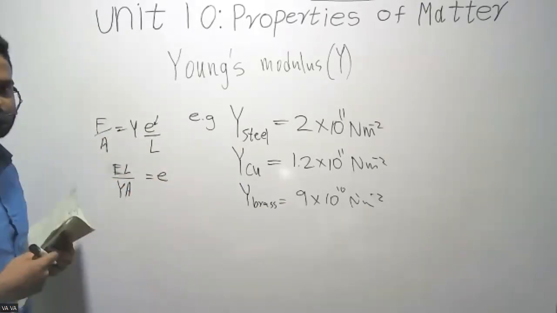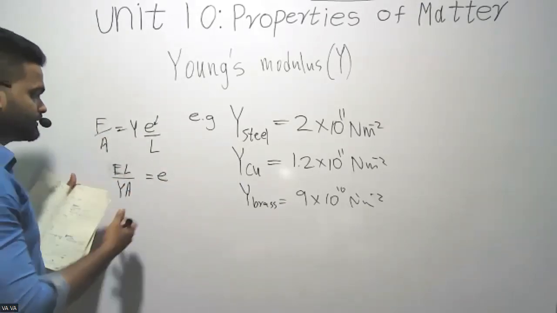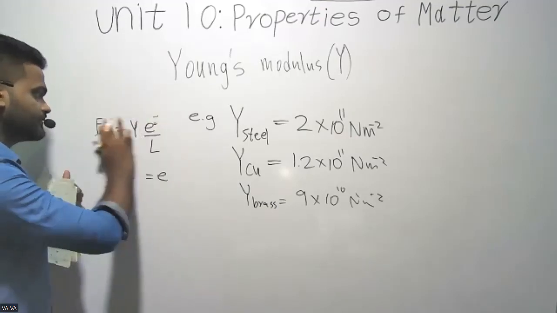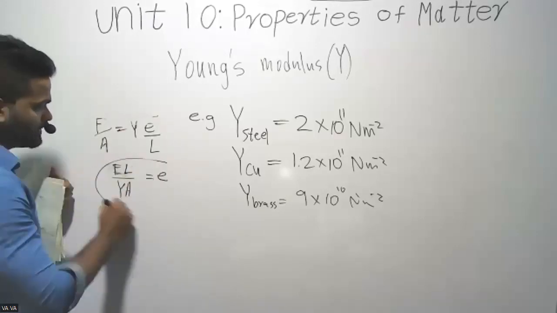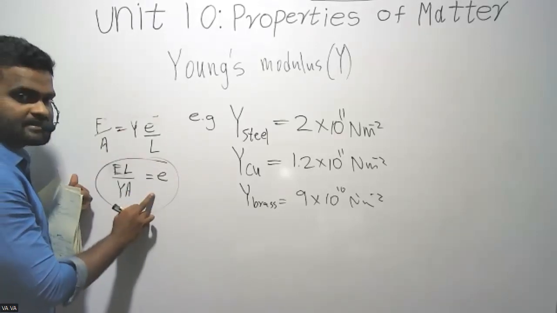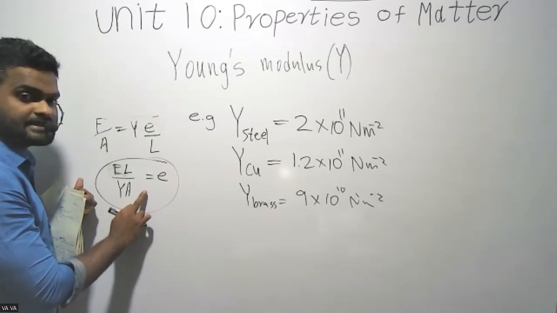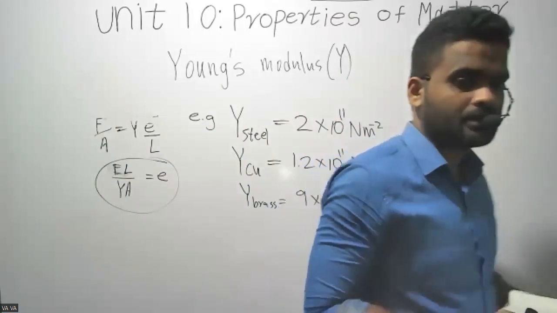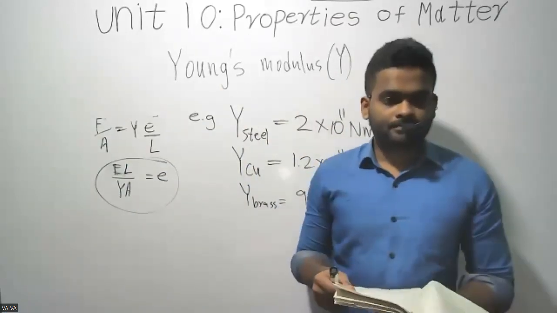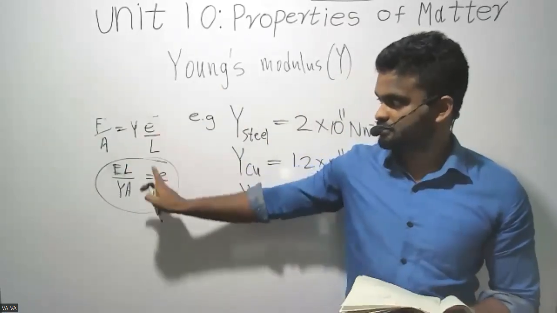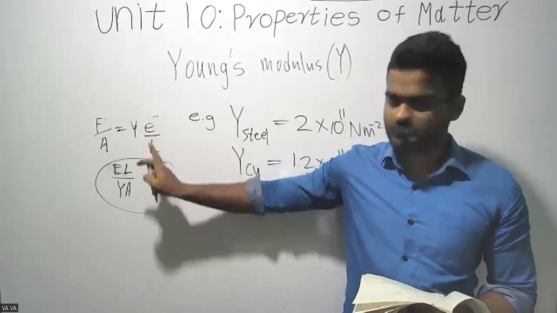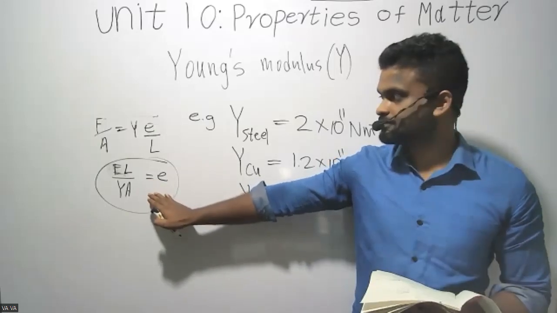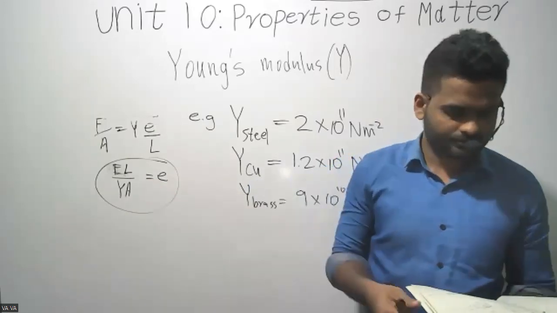Sorry, FL divided by YA. Write only this equation. You know that this is derived from the same equation, right? I just made E the subject here. Write this one.